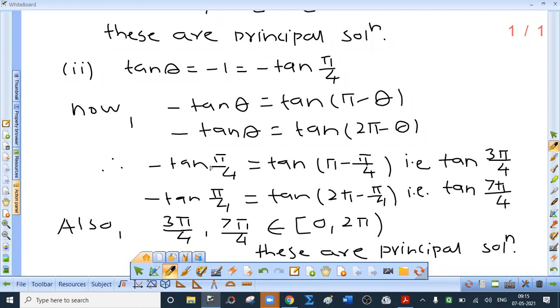So minus tan pi by 4 is tan of pi minus pi by 4, that is tan of 3 pi by 4. Minus tan pi by 4 is tan of 2 pi minus pi by 4, that is tan of 7 pi by 4. Now both these angles, 3 pi by 4 and 7 pi by 4, belong to this semi-open interval. So these are the principal solutions.